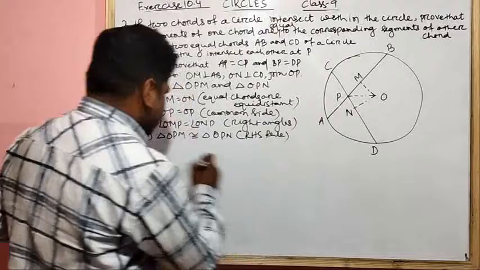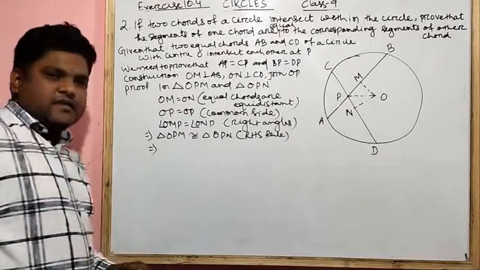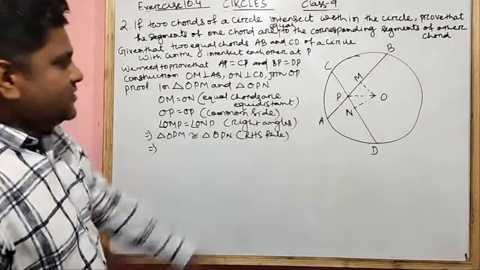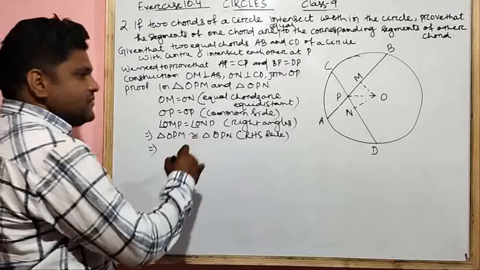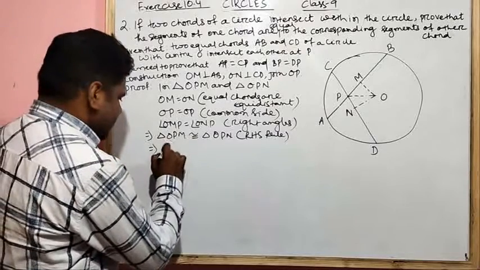If two triangles are congruent, then their corresponding sides and corresponding angles are also equal. So we can write PM equal to PN.